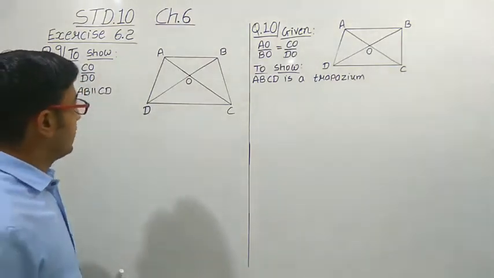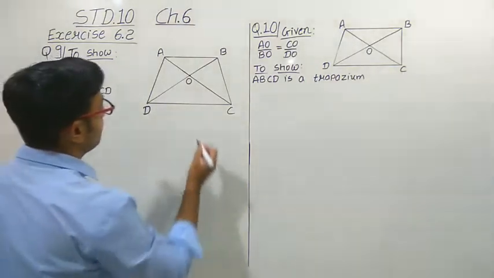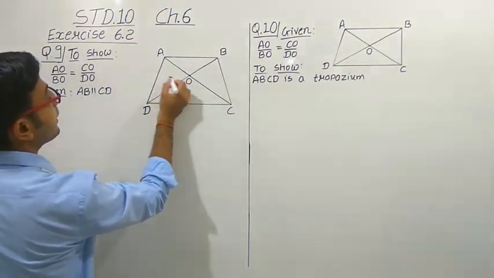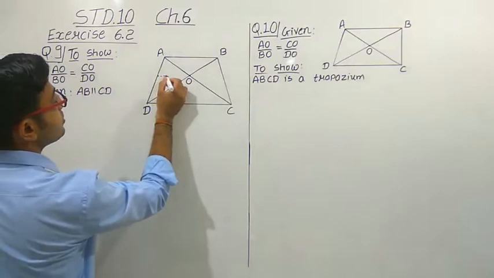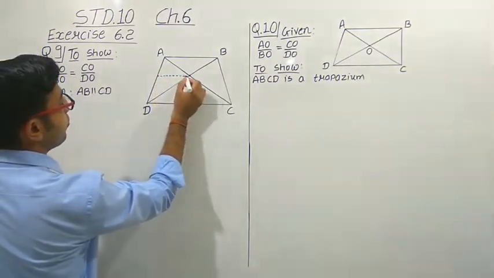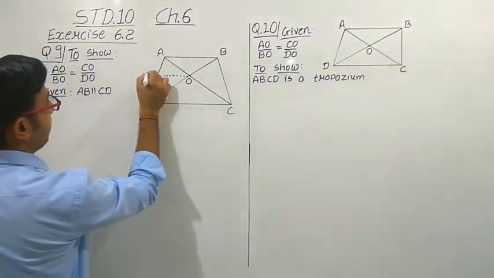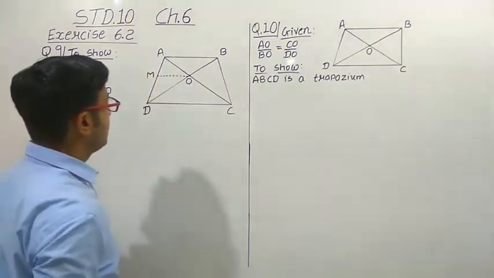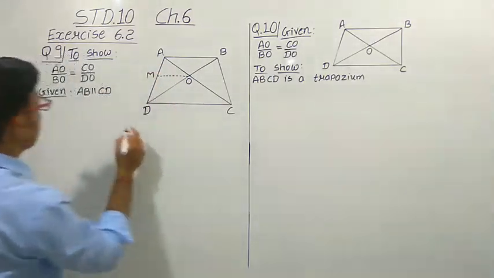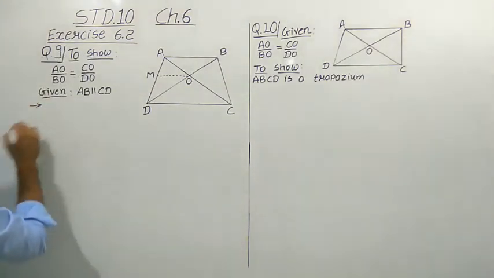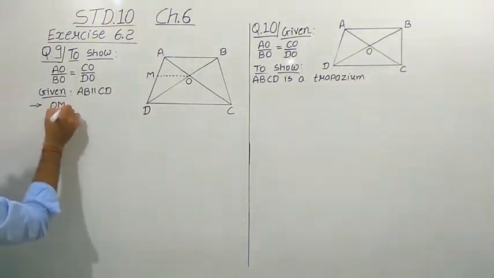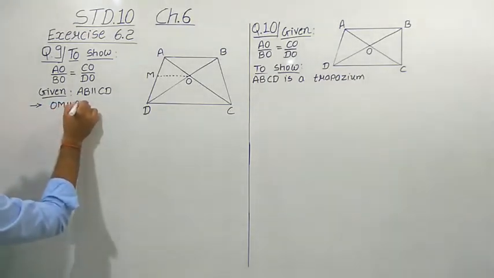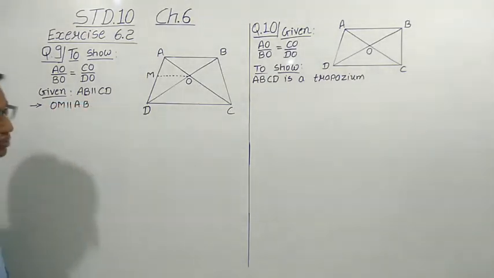Understand? Okay. Now let us draw a line that passes through this O and give it the name M. We draw the line OM, and let's suppose OM is parallel to AB.